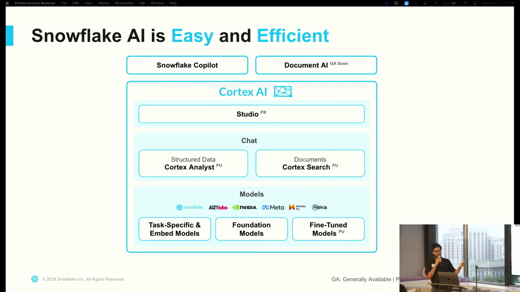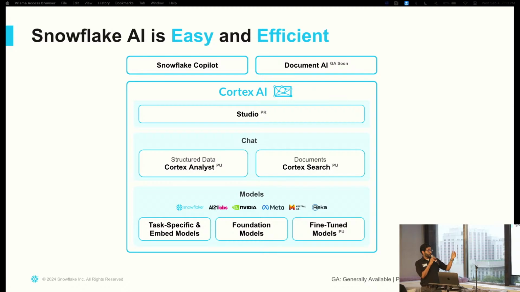And Cortex Search helps you go through your unstructured repo of documents and surface the right results. We'll get into that in a second. The top layer is the Cortex Studio, where you can come and play with different models and get a sense of which model you want to choose. It's a no-code feature that we have.